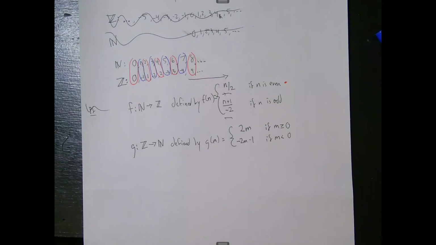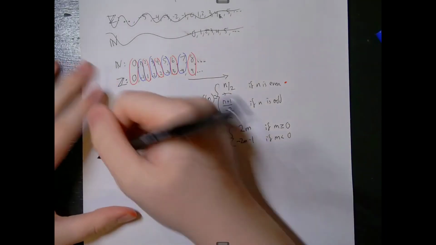If we show that they are the inverse of each other, then we will be able to see that f is a bijection. So let's take a look at the proof.